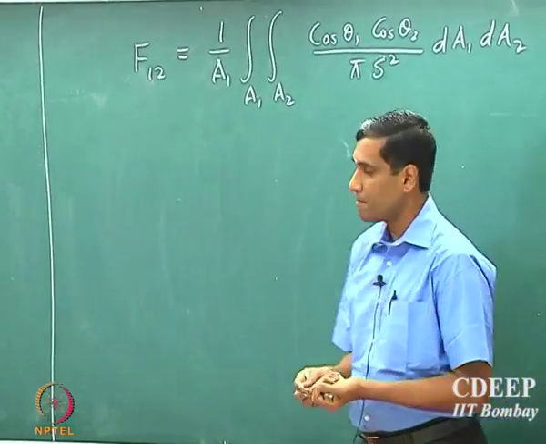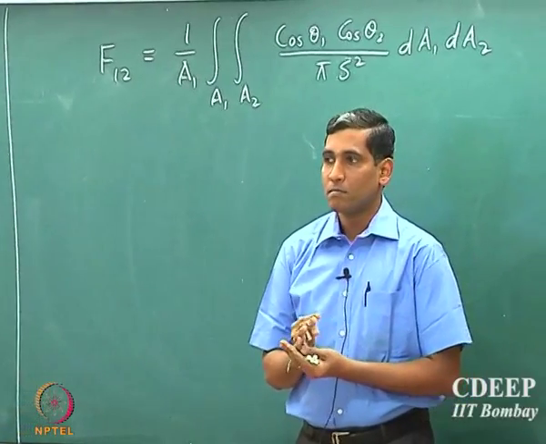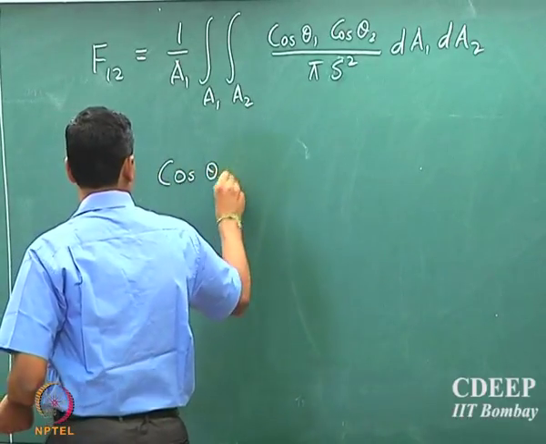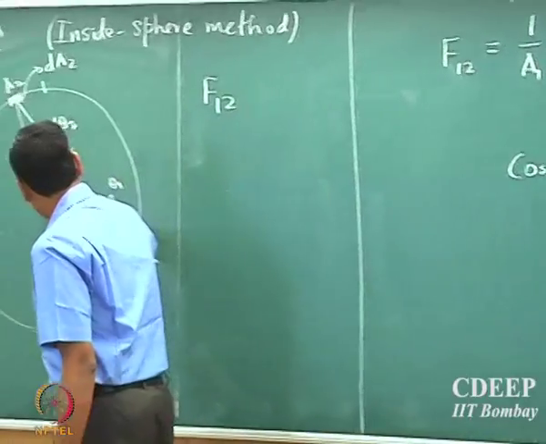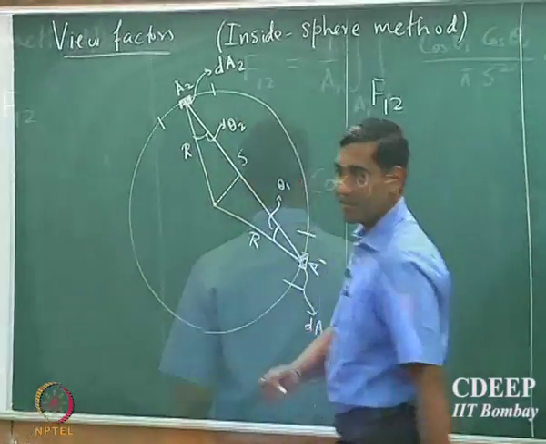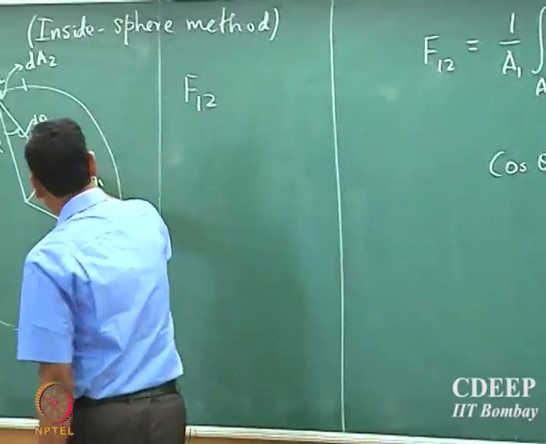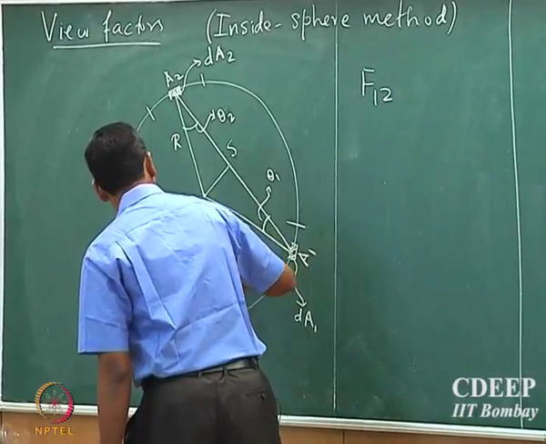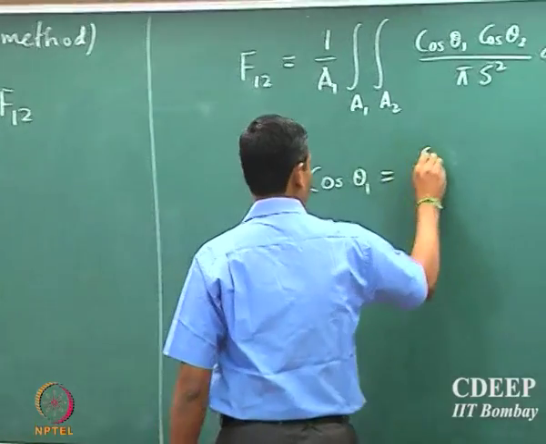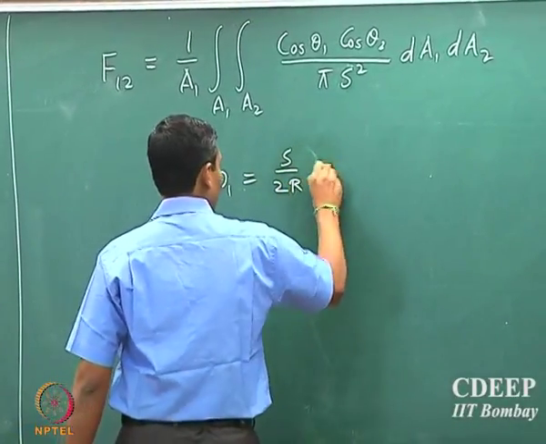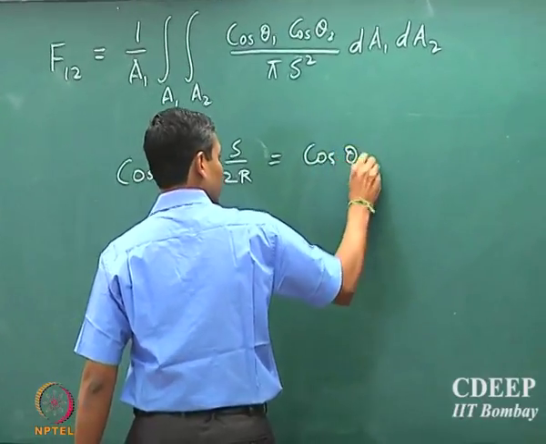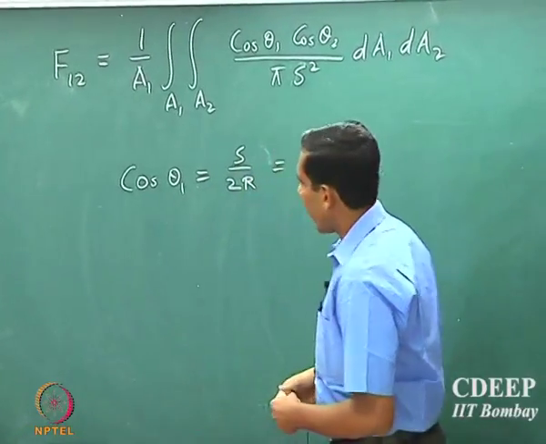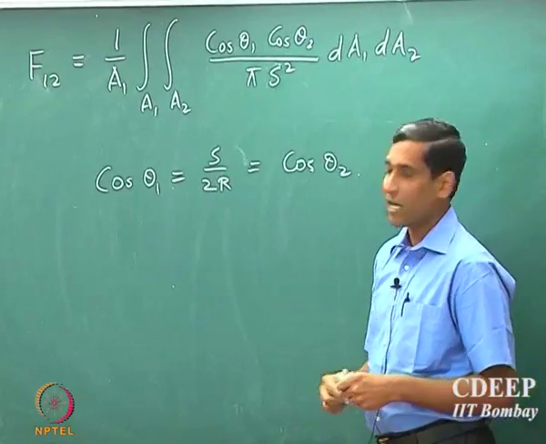What is cos theta 1? Let's say I drop a perpendicular line, so this distance is s by 2, so cos theta is s by 2r, and that's also equal to cos theta 2, because it's an isosceles triangle, and so the angles are the same, and that's equal to s by 2r.